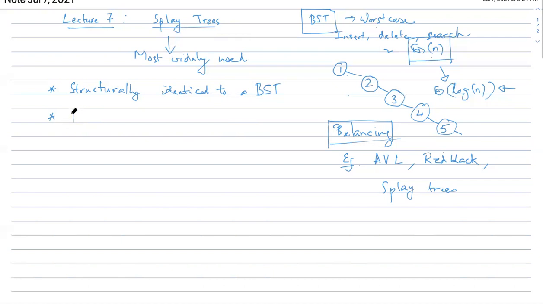So therefore, this splay tree is a balanced data structure, a balanced data structure of choice in real world operations.